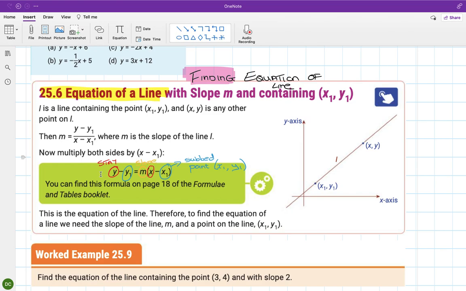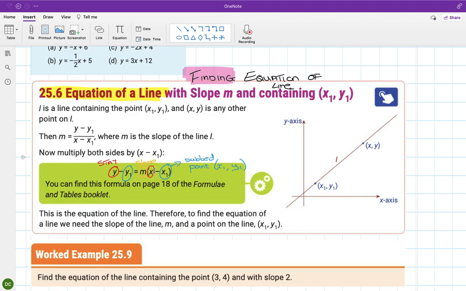To do these questions, to find the equation of a line, you need a point. The first bit of the point is going to go in here for x1, and the second bit of the point is going to go in here for y1. And then you also need a slope. It might be a fraction, it might be a whole number, you need a slope.